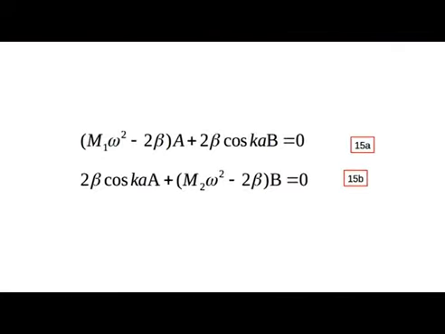If we rearrange it, it can be rewritten as M1 omega squared minus 2 beta into A plus 2 beta cos k a into B equal to 0, and 2 beta cos k a into A plus M2 omega squared minus 2 beta into B equal to 0.